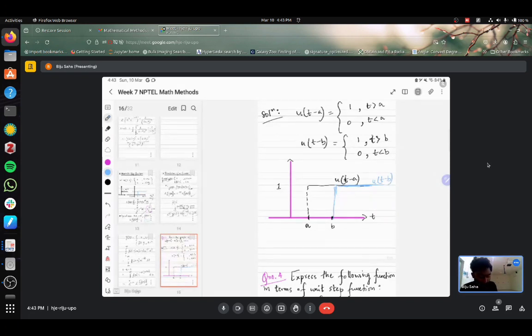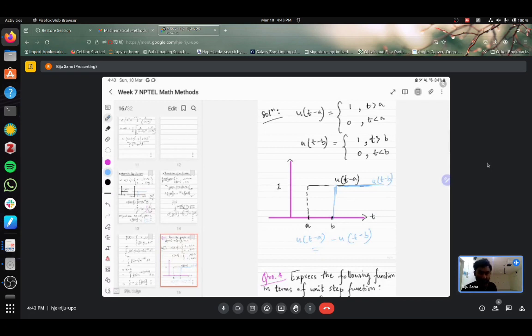So if we subtract them, what will be the resultant part? Can you say which part will be the resultant part in this? Like if I have to find u(t minus a) minus u(t minus b), what is that equal to, and within which range is that defined?